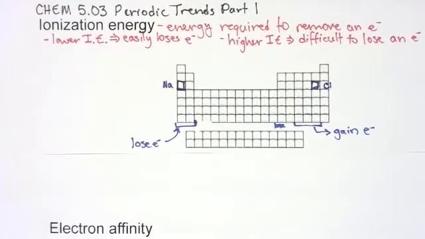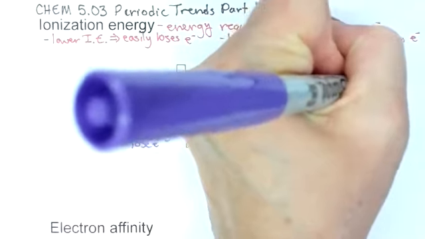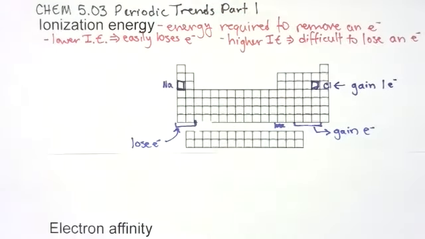So if we look at chlorine, how many electrons does chlorine have to gain to get an octet? Did you say 1? So chlorine needs to gain 1 electron. And how many electrons does sodium have to lose to form an ion?